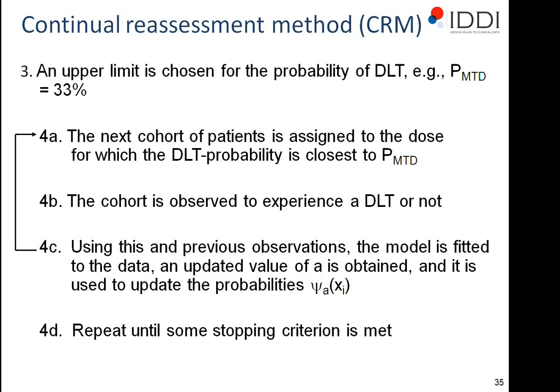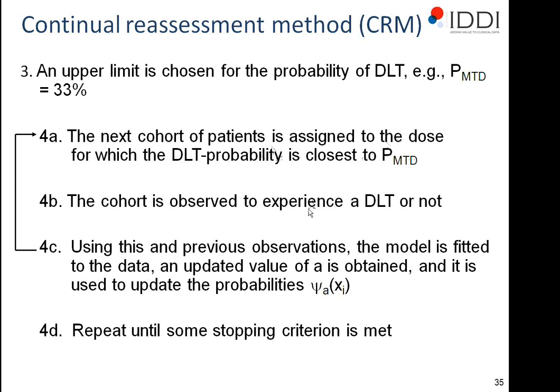So essentially what then happens is that you choose an upper limit for the probability of DLT which you want to achieve. For instance, this can be 33% or 20% or 25%. You can choose the percentile you want. And essentially, the next cohort of patients is assigned to the dose for which the dose-limiting probability is closest to the target, right?